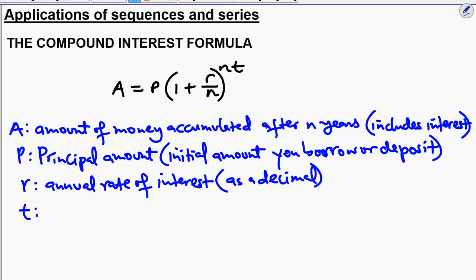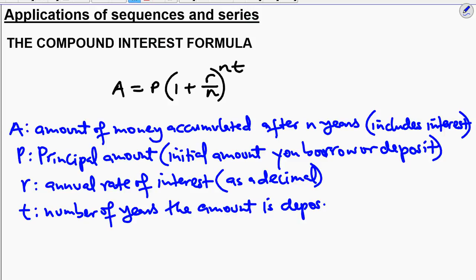T is the number of years the amount is deposited or borrowed for. Okay, and then what else? N. So N is the number of times the interest is compounded per year.